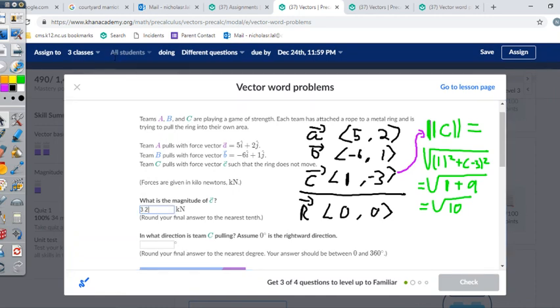3.2. And then what direction is team C pulling? Assuming 0 degrees is the right direction, let's draw it out. We have here a horizontal component of positive 1 and a vertical component of negative 3.